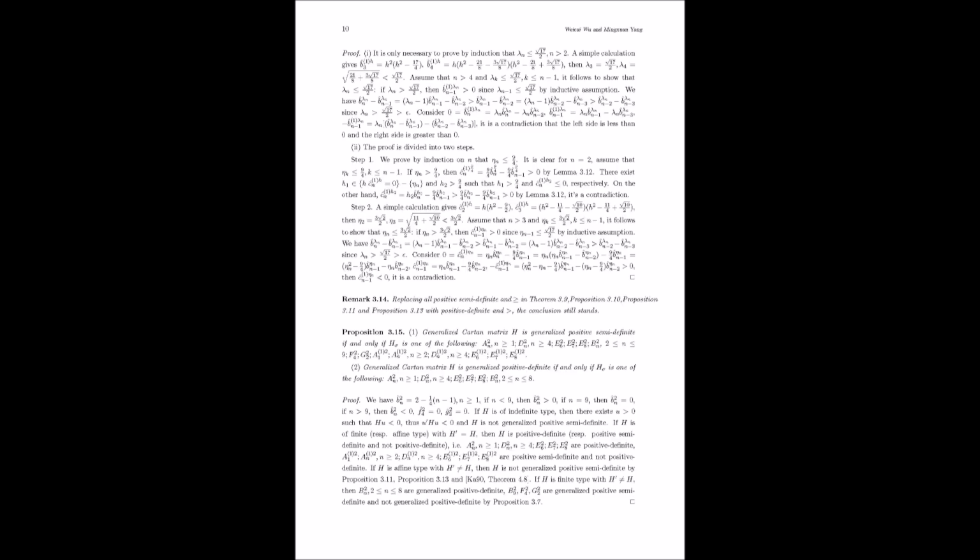We are, but now with a richer understanding of generalized Cartan matrices. We've explored the conditions for their positive definiteness in both finite and affine cases. And proposition 3.15 tells us that finite types like A sub 2, D sub 2, E sub 6, E sub 7, and E sub 8 are generalized positive definite. It feels like we've climbed a mathematical mountain. I know, right? And now we have this incredible view from the top. It's beautiful up here. It is.